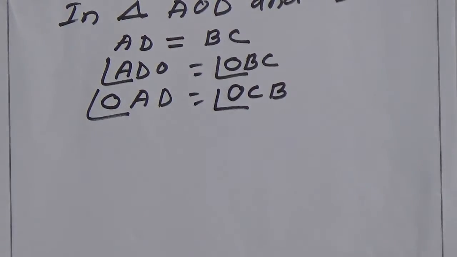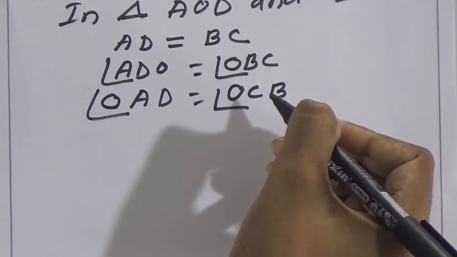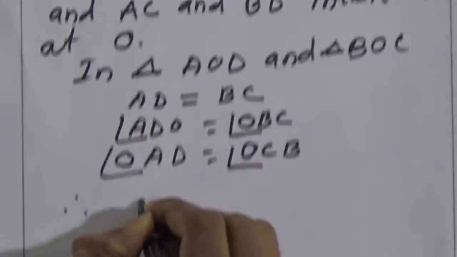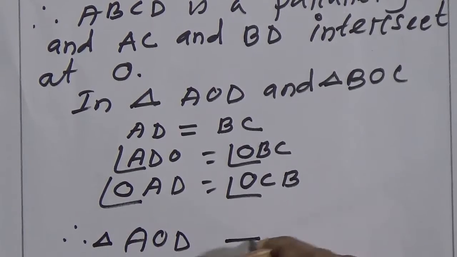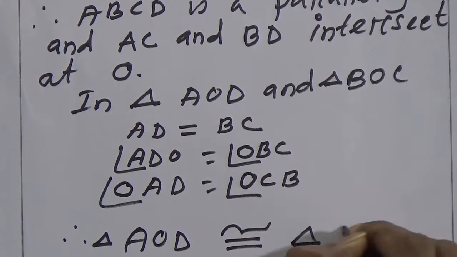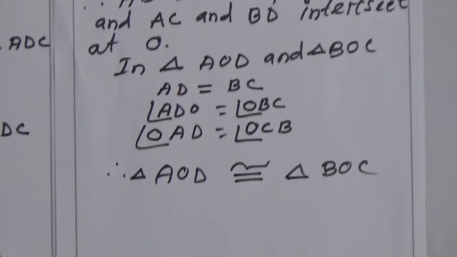Look here, one side and two angles are equal. So we can say that AOD triangle and BOC triangle are congruent. Hence, we say that OA equal to OC and OB equal to OD. You write it must be proved in both the cases.